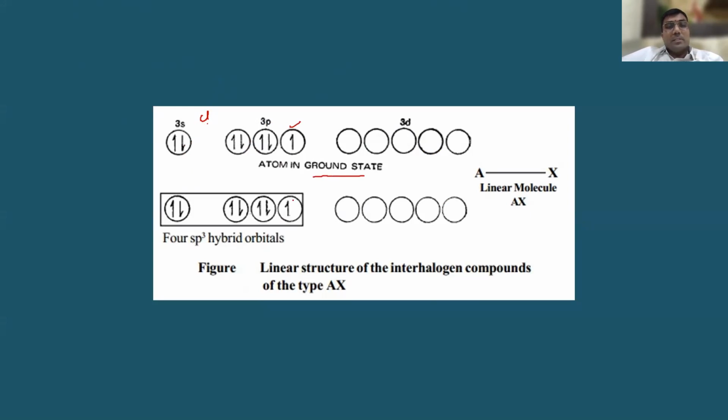Naturally, there are fully filled orbitals; there are 3 lone pairs, right? Only this one electron gets bonded. That's why you get ClF or BrCl, this type of compounds will be formed. That means it has how many lone pairs, students? 3 lone pairs of non-bonded electrons and 1 bond pair.